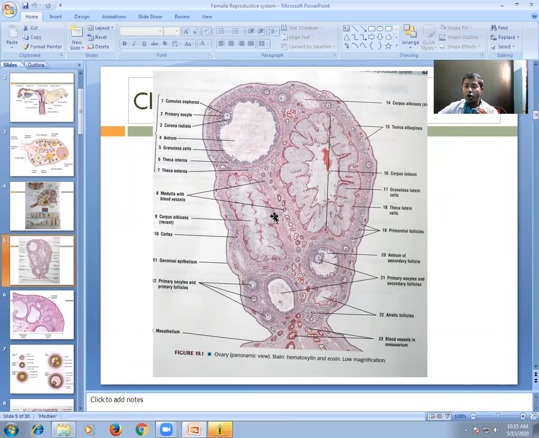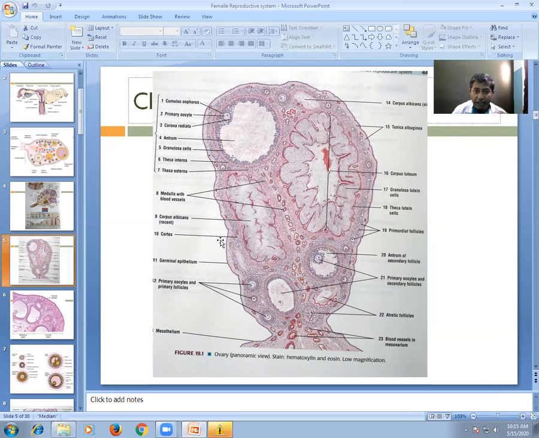The outer is known as the cortex and the inner is known as the medulla. Medulla consists of blood vessels, and cortex consists of cells starting from the primary follicle up to the mature graafian follicle. What is found in the cortex? Starting from the primary follicle up to the mature follicle, and this is the structure of the mature graafian follicle.